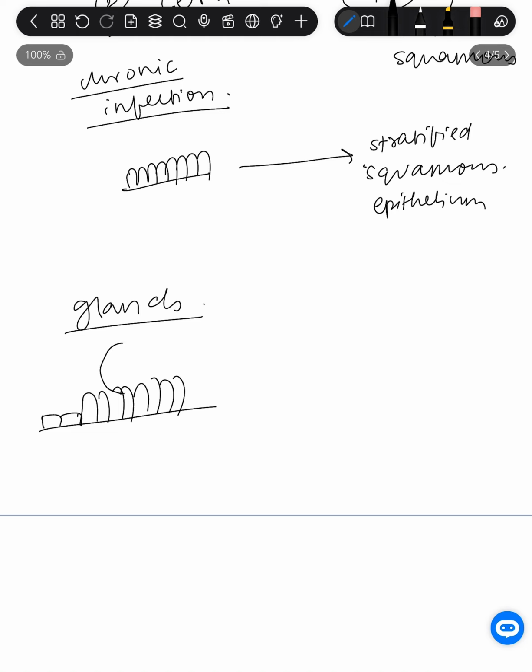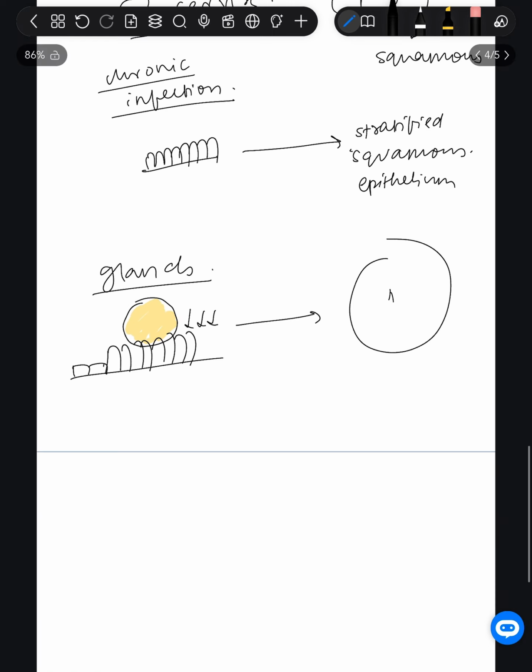What happens if there is a stone? Imagine there is a stone here. In this stone, what happens? Continuous pressure or continuous compression is also acting as a stress, and this also changes into stratified squamous epithelium. So this was also an example of squamous metaplasia.